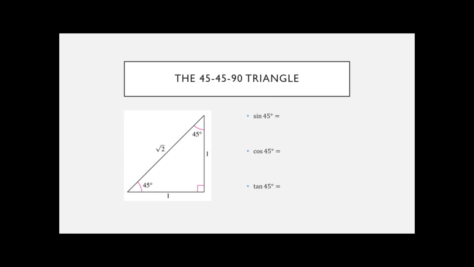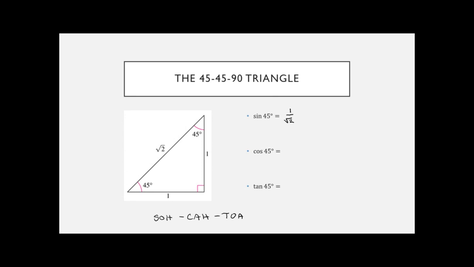And then we can use SOHCAHTOA to determine the missing parts. So I'm going to once again write SOHCAHTOA. So sine is opposite over hypotenuse. So the sine of 45 degrees, and it doesn't matter which one's opposite or adjacent because they're exactly the same, is 1 over the square root of 2.